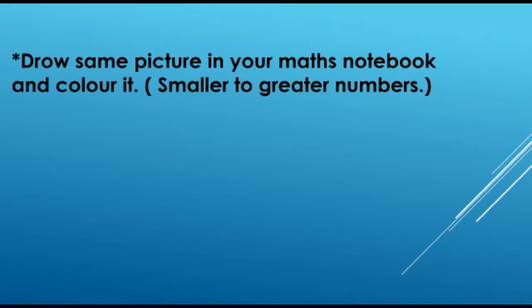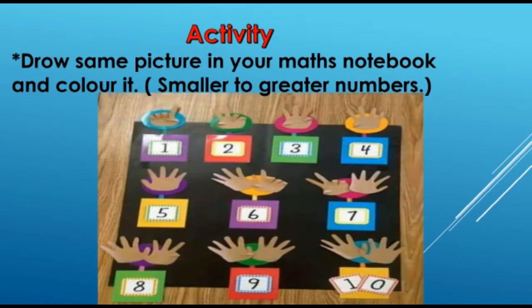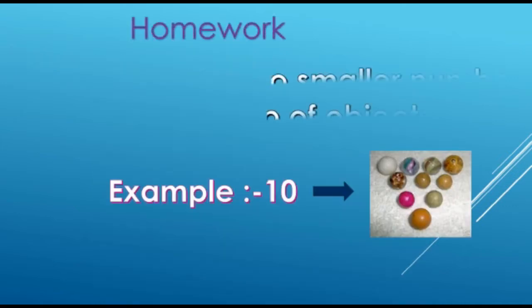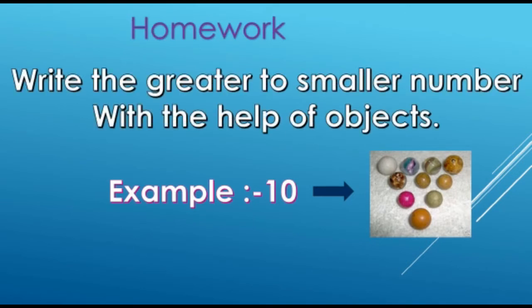Now activity time. Draw the same picture in your maths notebook and color it. This is smaller to greater numbers. Okay. Now the next one is homework. Write the greater to smaller numbers with the help of objects.